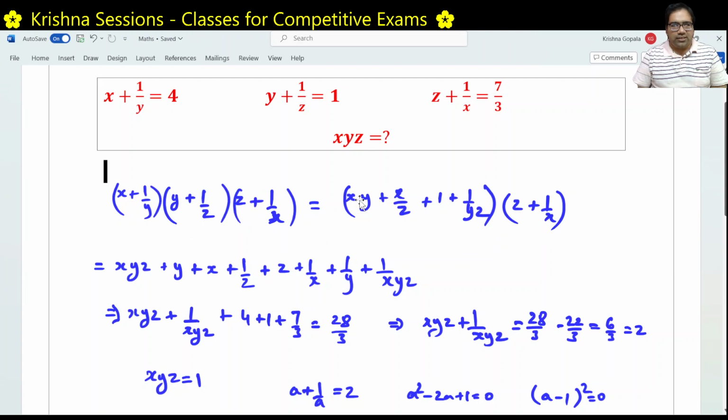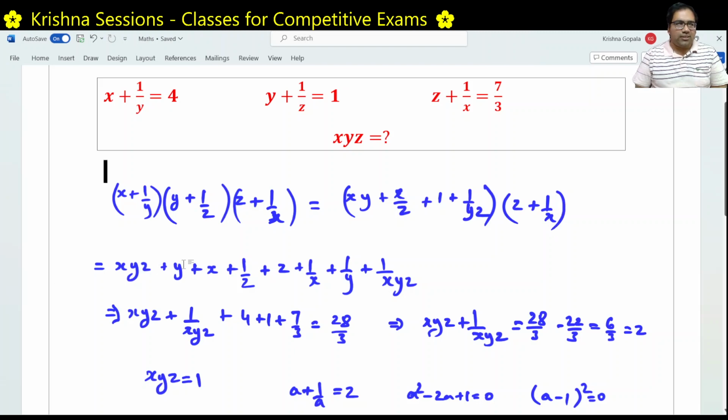So for this one, xy times z, xyz, xy times 1 by x, which is y, then x by z times z, which is x, then x by z into 1 by x, which is equal to 1 by z, plus 1 into z, 1 into 1 by x, 1 by yz into z, which is 1 by y, 1 by yz into 1 by x, which is 1 by xyz.